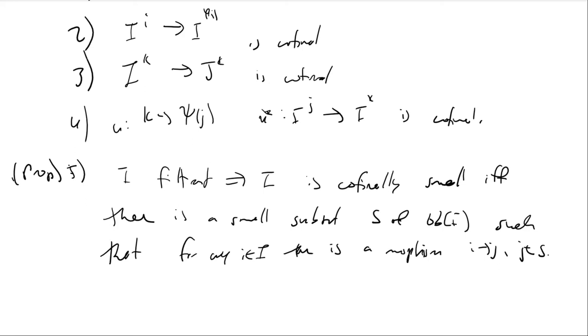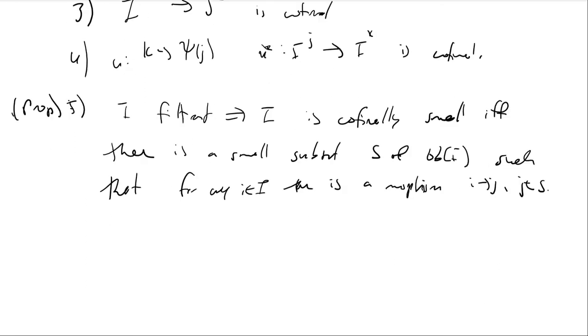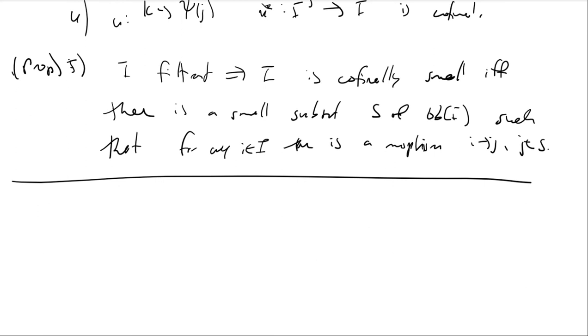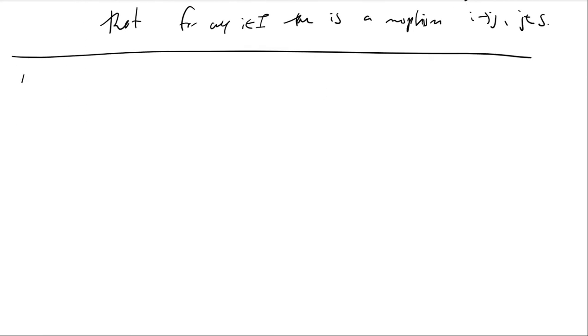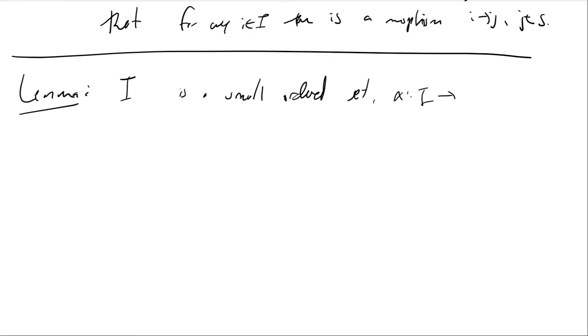Okay, now let's get to the important lemma here. This is the key result of this section. I've been talking for a long time, so let's see if we can wrap this up. Let's suppose that I is a small ordered set, and alpha, I to C, some functor.